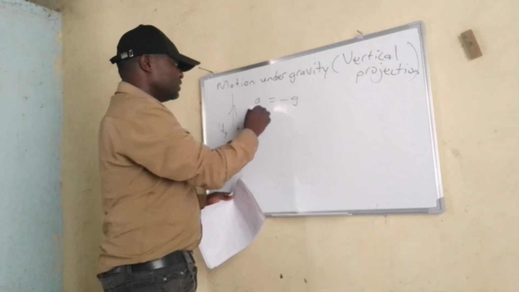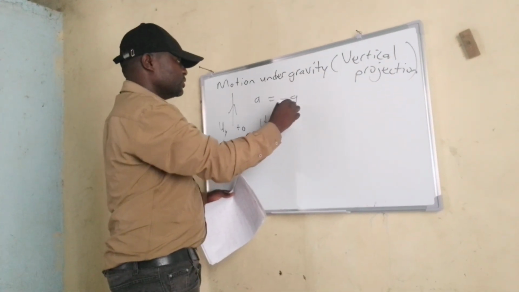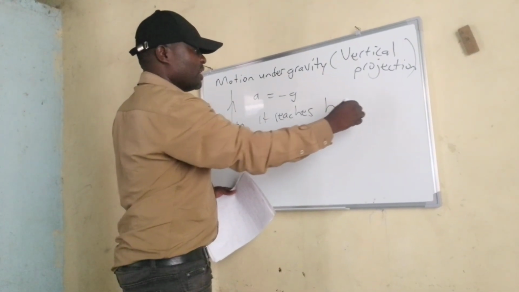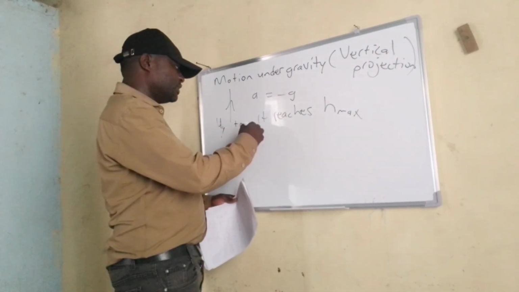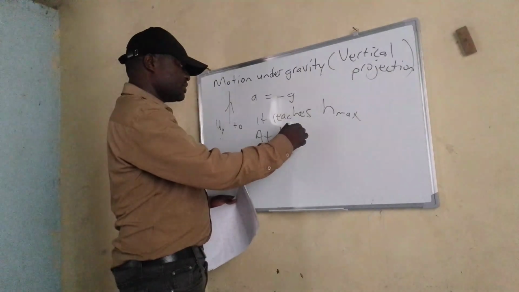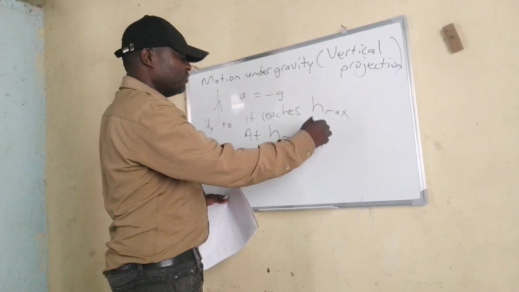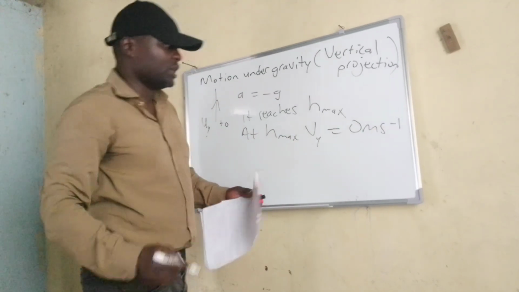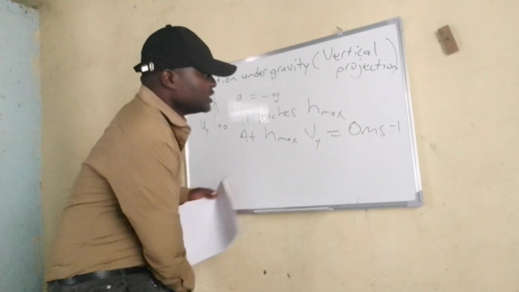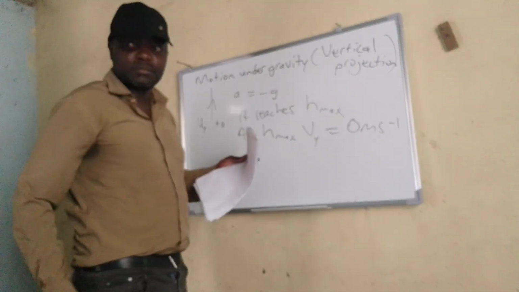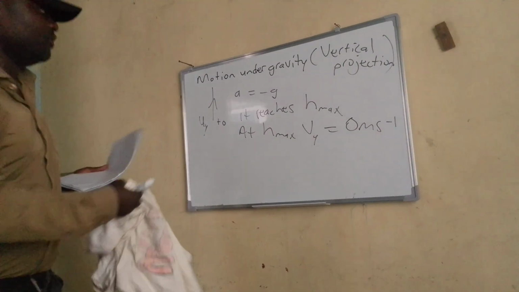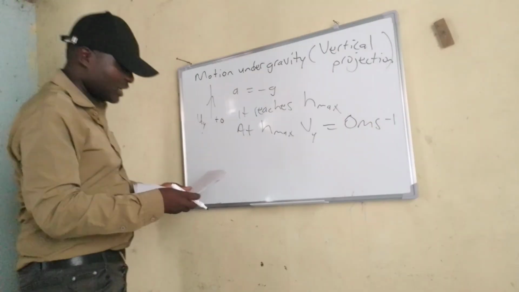So it reaches maximum height, h max. At h max, the final vertical velocity will be 0 meters per second.